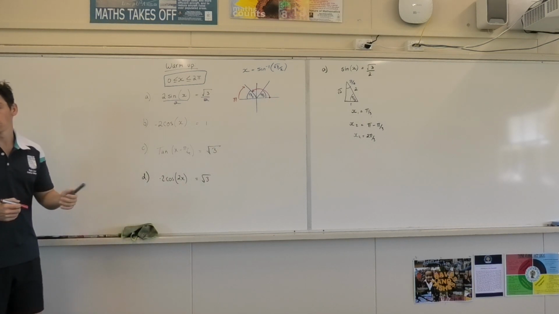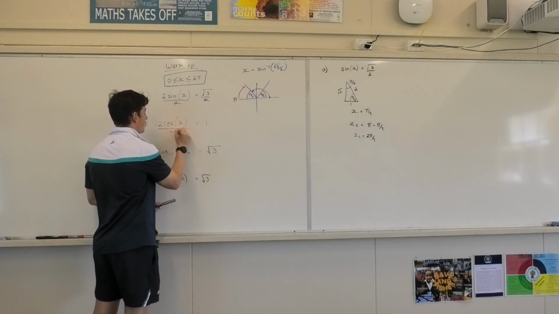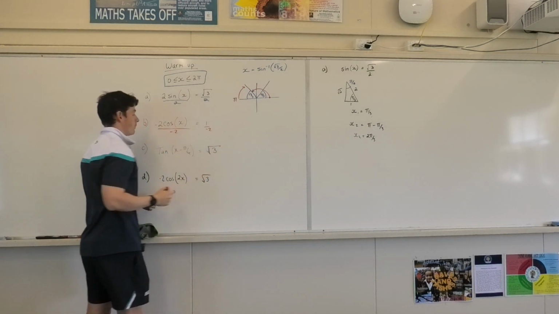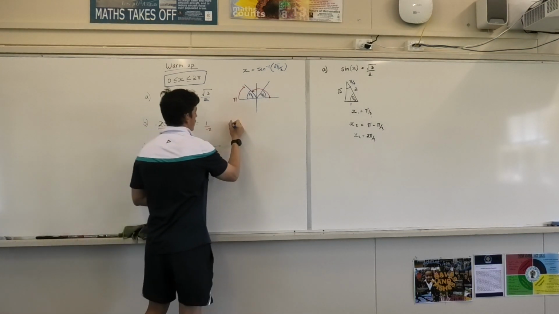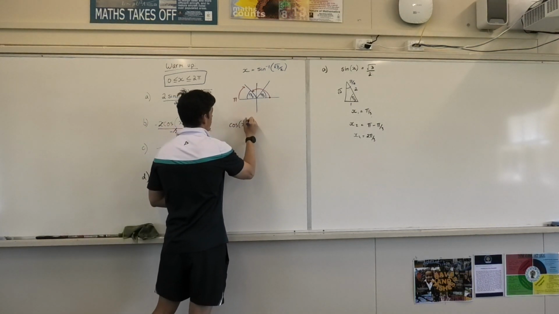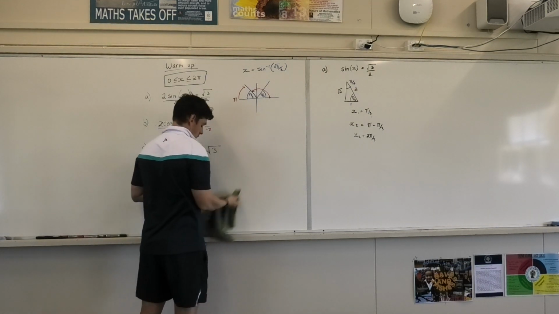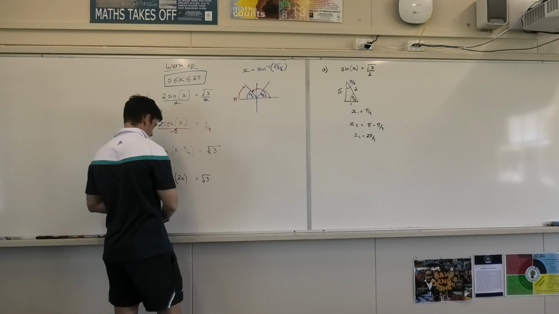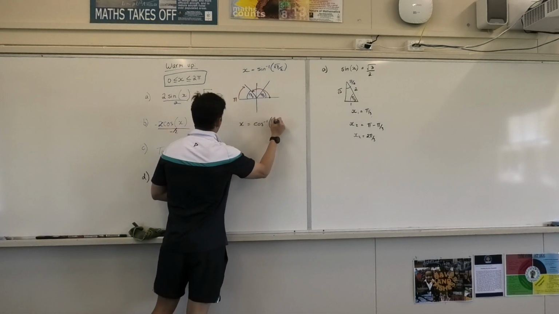First step is rearranging. So I'm dividing both sides by negative 2. I'm now left with cos x equals negative 1 on 2, or really, I don't need that. x equals cos negative 1 of 1 on negative 2.